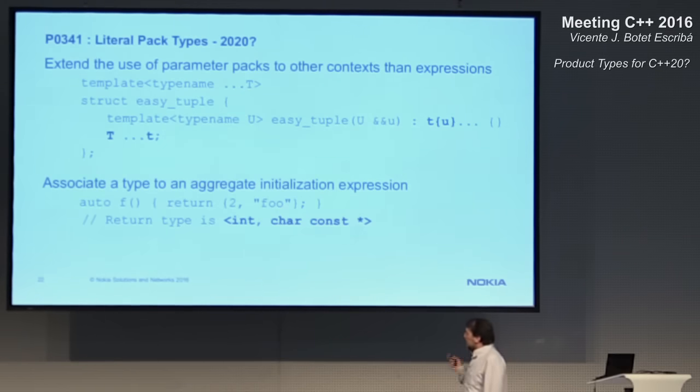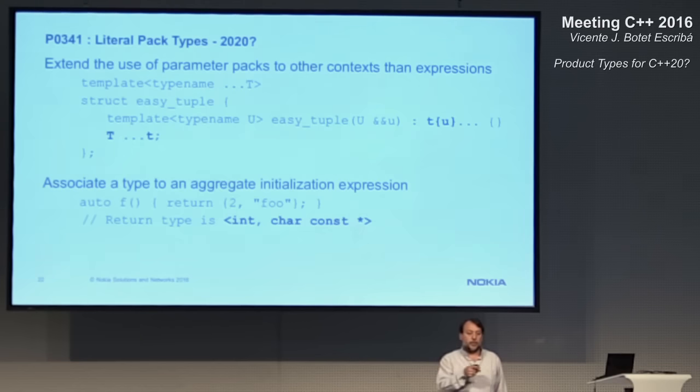Something I like in this proposal is that we have given a type to an aggregate initializer. We have here an aggregate initializer, and we have associated to it what we call a literal pack type.